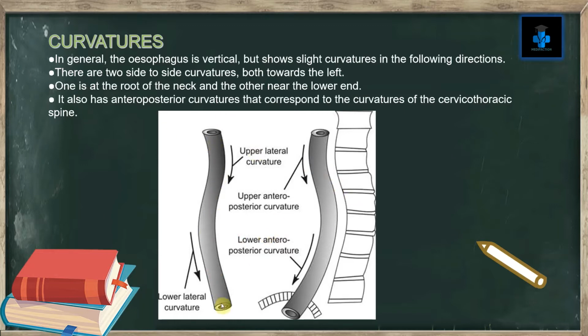Here the upper lateral curvature and the lower lateral curvature are well identified. And in this figure, you can find out how the upper anteroposterior curvature looks, and this is how the lower anteroposterior curvature looks.